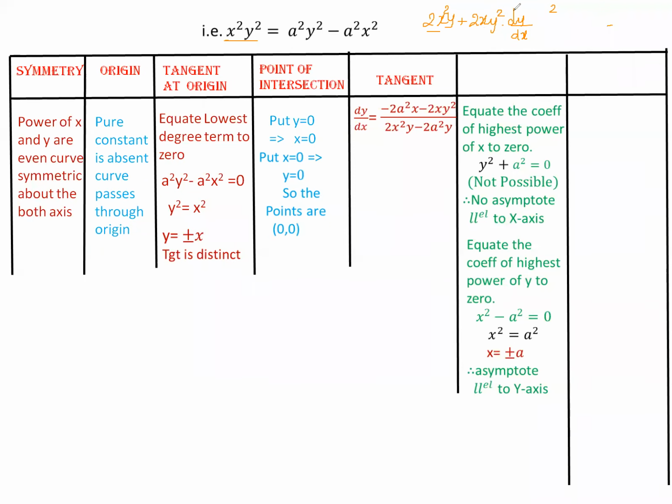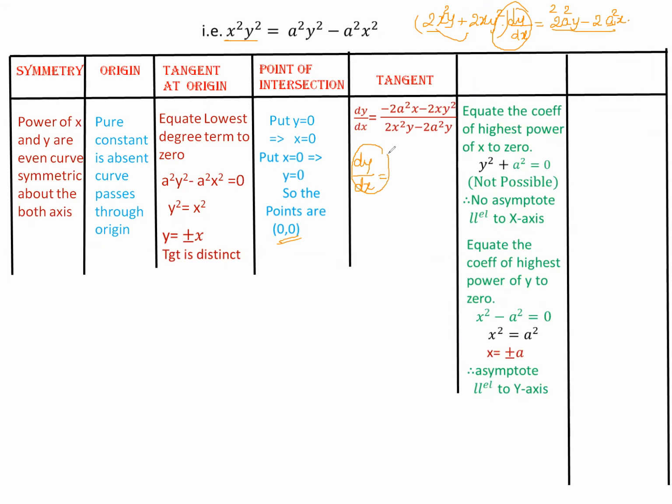Yes. Is equal to 2a square y minus 2a square x. If we take the derivative of this term and simplify all this, then we get dy by dx. Now for what point do we have to check? 0, 0.